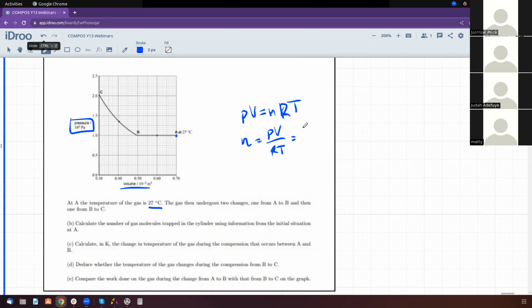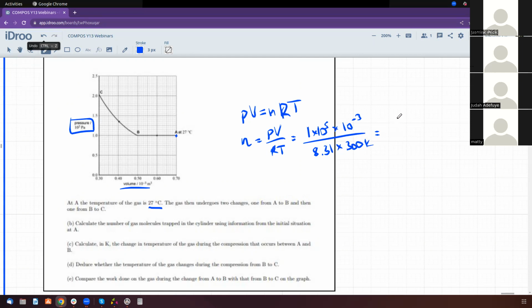So pressure is 1 times 10 to the 5. Volume is 10 to the minus 3. R is 8.31. Temperature is 300 Kelvin. Yes, 300 K. 10 to the minus 5, so 10 to the 2, 3.